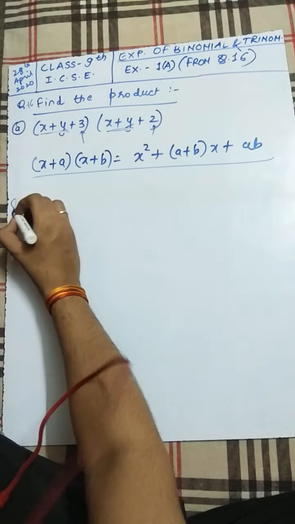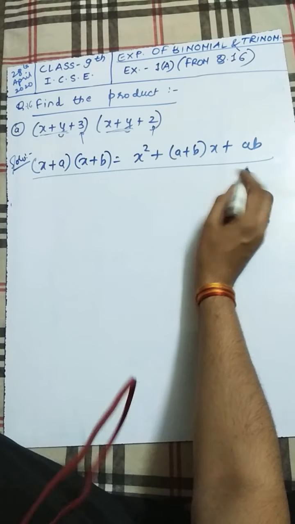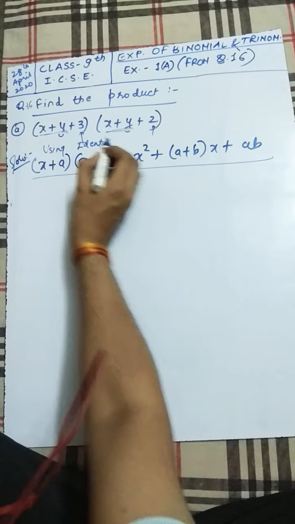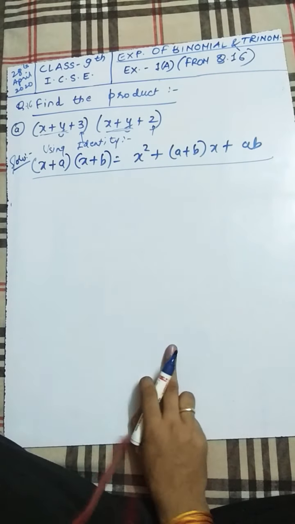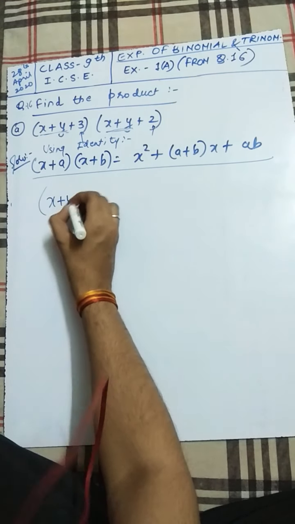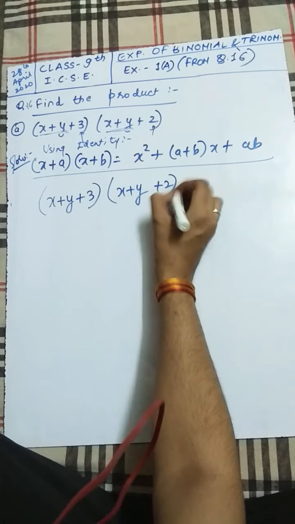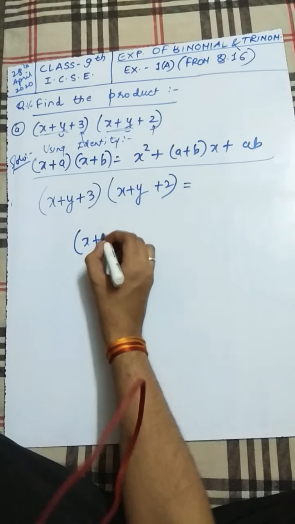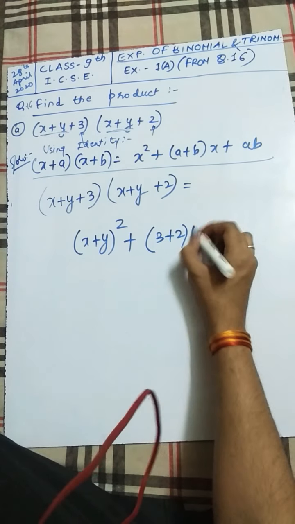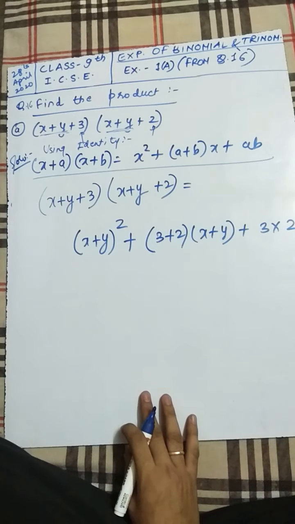So how can we solve? Using the identity (x plus a)(x plus b), x plus y plus 3 and x plus y plus 2 can be written as (x plus y) whole square plus (3 plus 2) into (x plus y) plus 3 into 2.